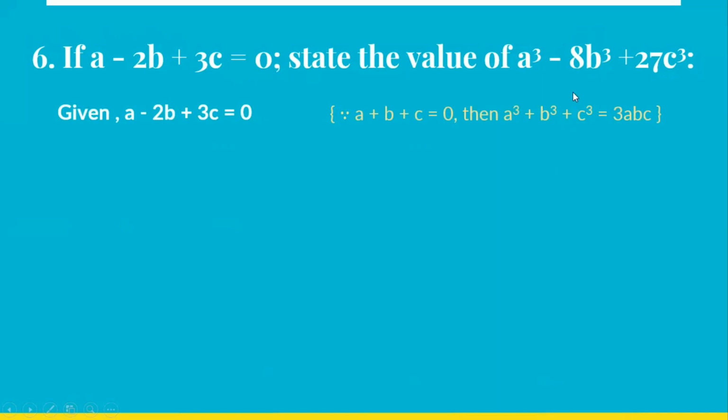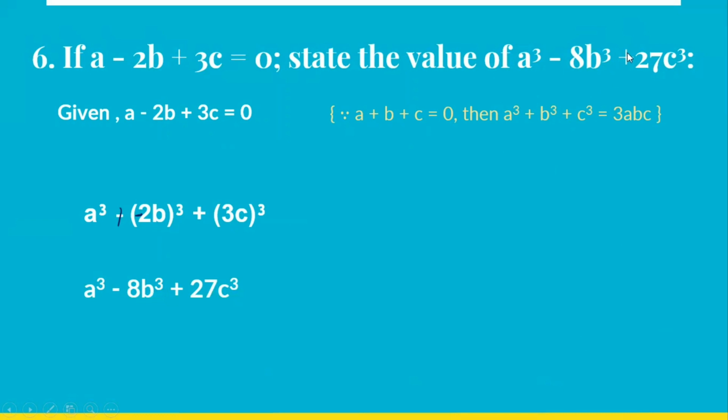So this is how we get a cube plus b cube plus c cube. Your b is minus 2b and your c is 3c. So you can also write it as a cube plus minus 2b the whole cube plus 3c cube, which is equal to a cube. When you expand, minus 2 cube is minus 8. That is how you get minus 8b cube plus 27c cube.